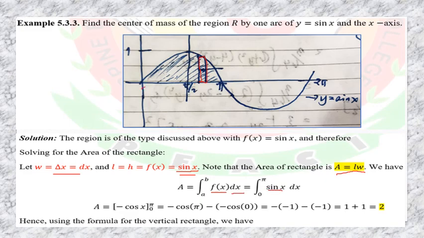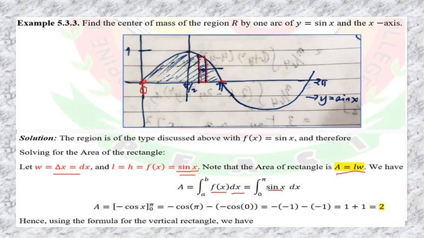Evaluated from 0, since it starts at 0. This region is bounded up to pi, so 0 to pi. If you graph the trigonometric function, on the x-axis you have 0, pi over 2, pi, and one revolution ends at 2 pi.